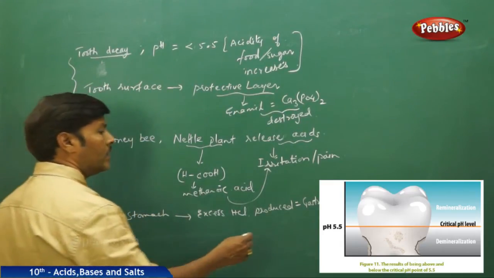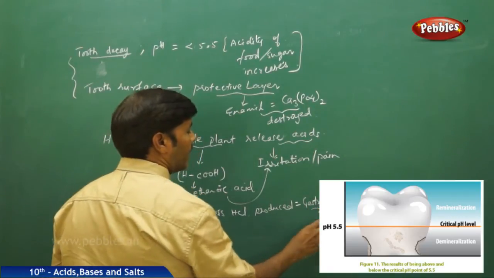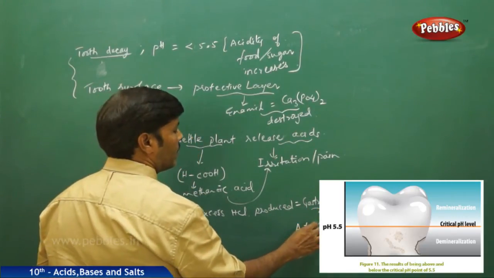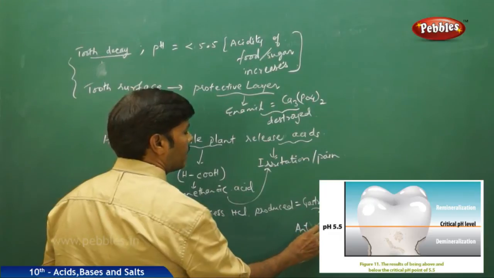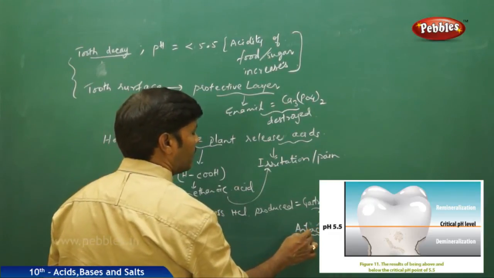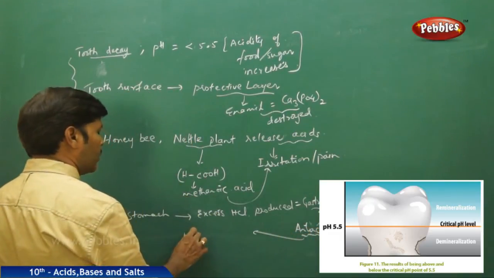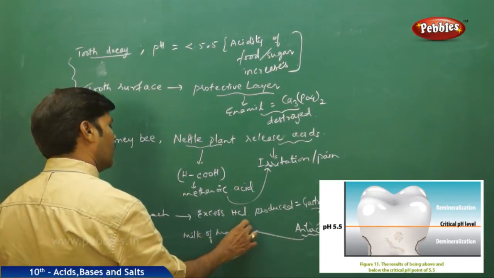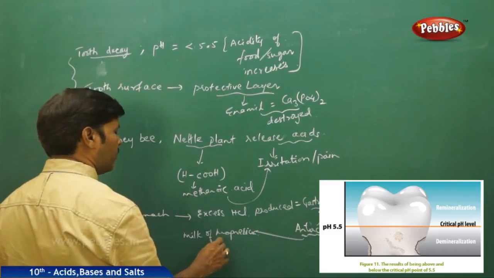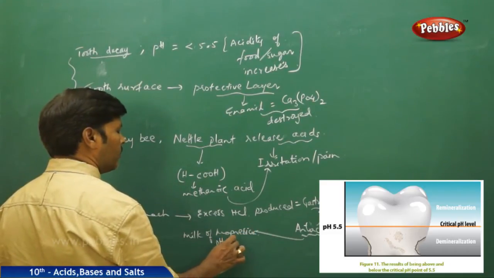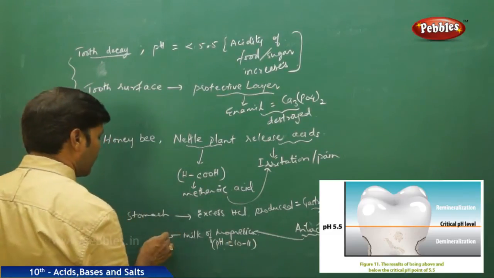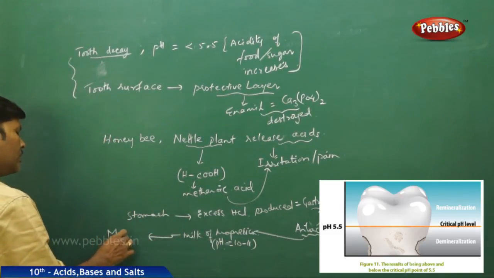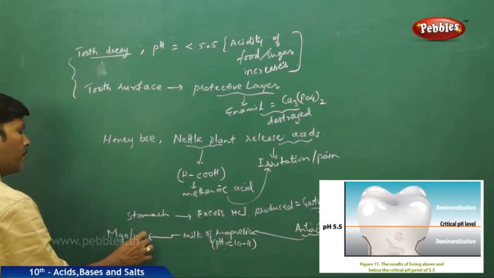That's why for gastric ulcer we add antacids. The best example of antacids is milk of magnesia, whose pH value is around 10 to 11. Milk of magnesia is nothing but magnesium hydroxide in water.